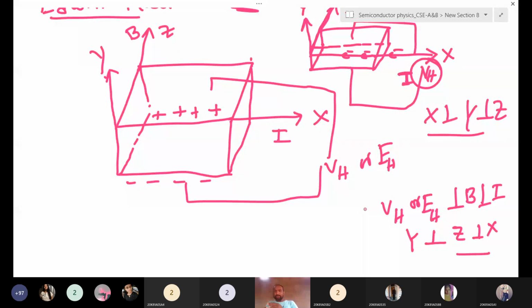Suppose current is flowing in the x direction in a semiconductor sample.